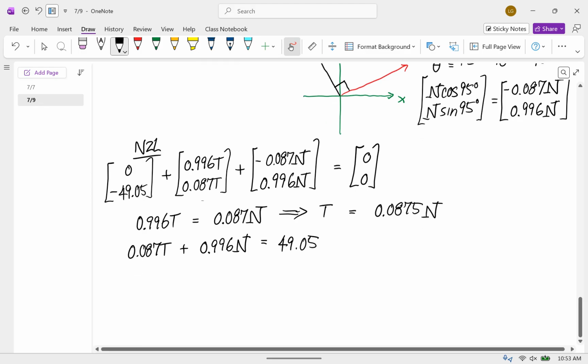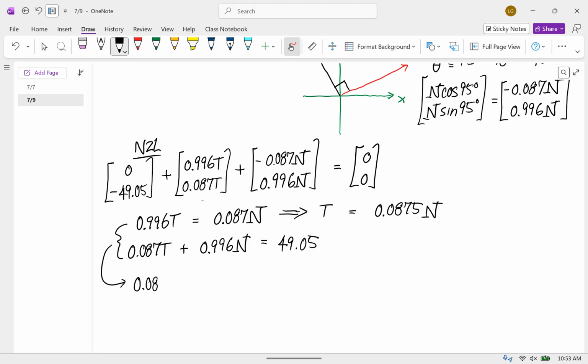And so now we can substitute that into this one. And we have 0.087 times 0.0875 n. That's going to be something tiny. Plus 0.995 n is equal to 49.05.